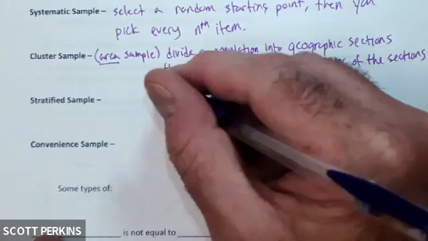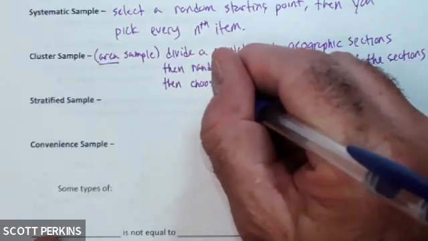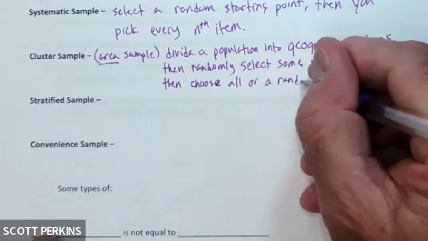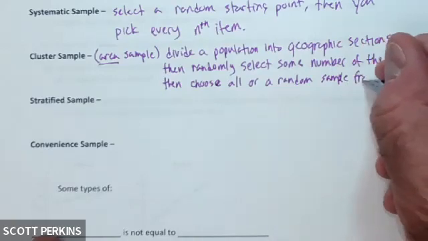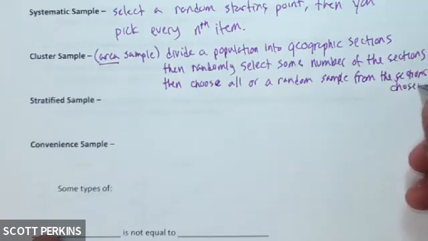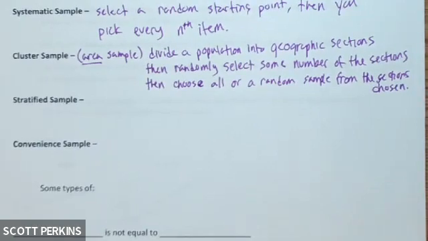And then you will either choose all or a random sample from the sections that were chosen. Let me move this over so you can see it. So first, somehow by area, you divide a population up by geography.